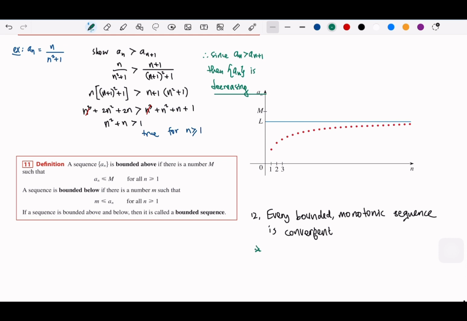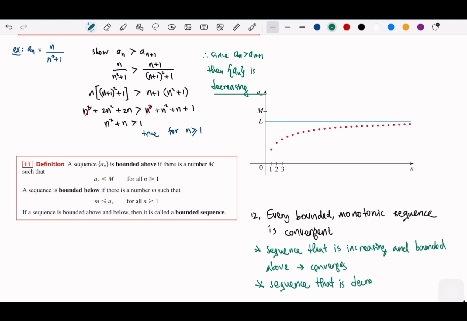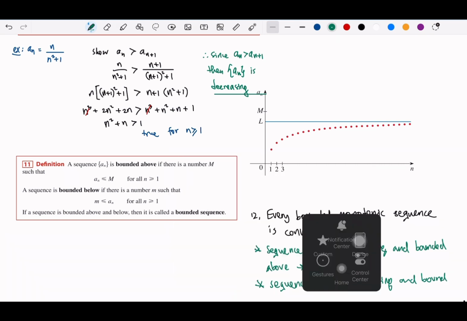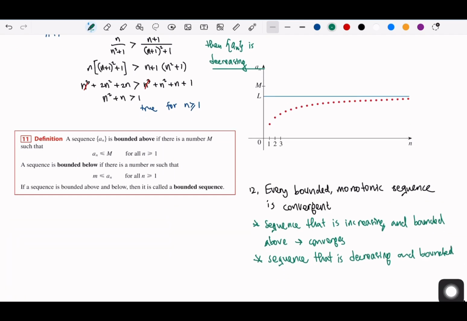So a sequence that is increasing and bounded above will converge, and a sequence that is decreasing and bounded below converges.